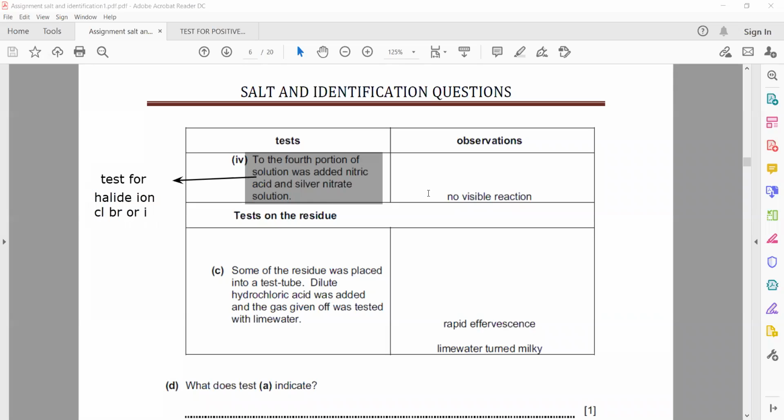If it gives no visible change, it shows that there is no chloride, bromide, or iodide. Because there is no visible change, there is a test on the residue.